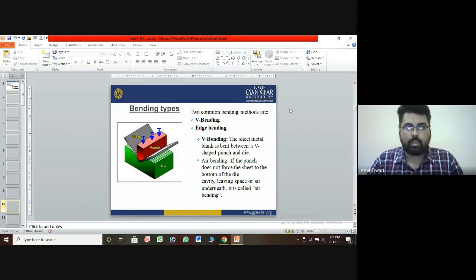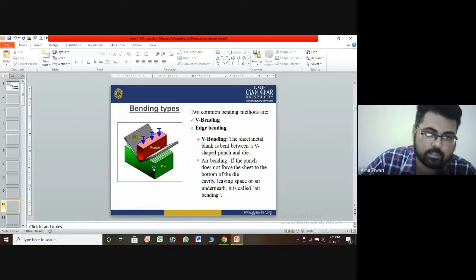So, air bending: if the punch does not force the sheet to the bottom of the die cavity, leaving a space of air under the sheet, it is called air bending. It's simple. If you want to make a design like this, you select a V-shaped die.